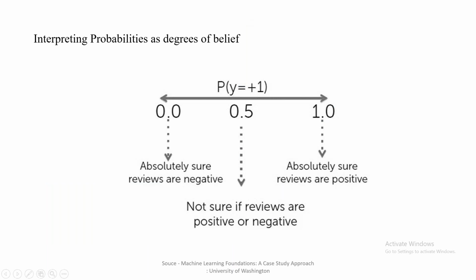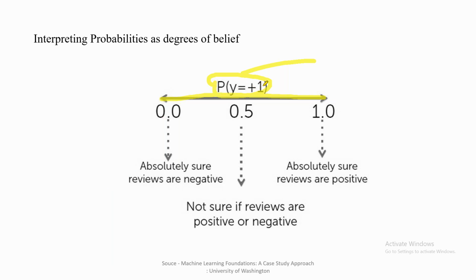As I said, this is my scale from 0 to 1, since probability can only have values from 0 to 1. This is my probability of being positive. If for a review the probability of being positive is 0, that means that review is negative.